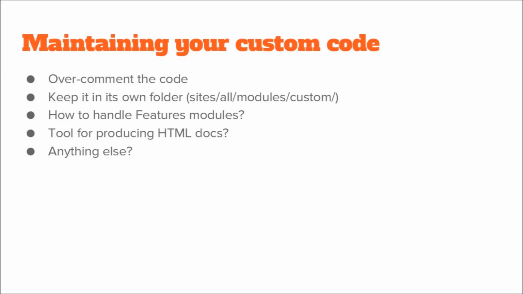There's the problem with features modules, which I'm still on the fence about. How many people here use features? So typically when you use a features module, you've got one features module for one content type. Like you've got an article content type, and so there's a features module dedicated to that. I don't consider features modules to be custom code because they're automatically generated.